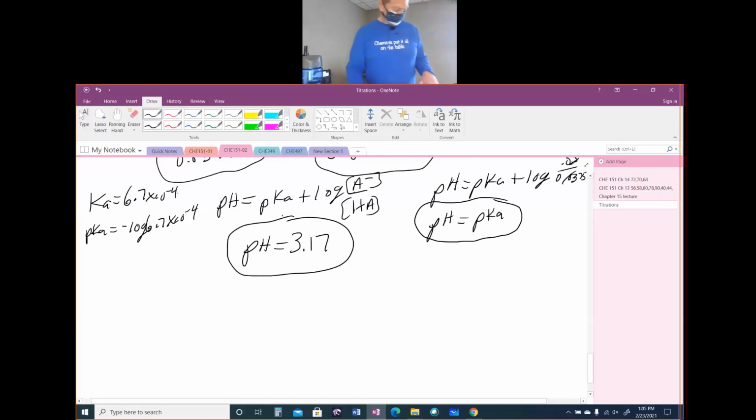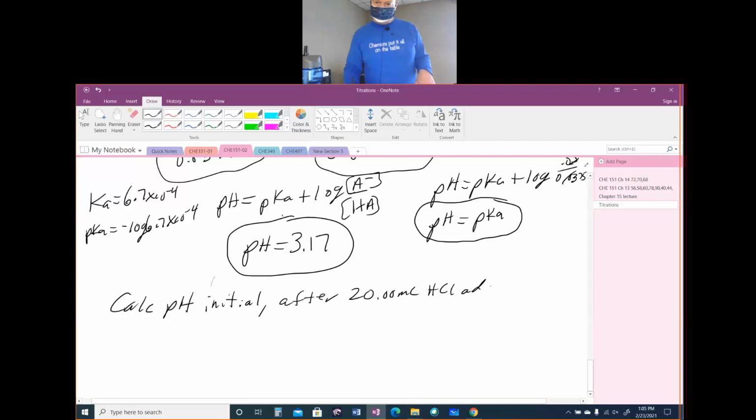Let's try this one. All right, calculate pH. We're going to do initial. We're going to do after 20 mils HCl added. At the equivalence point.